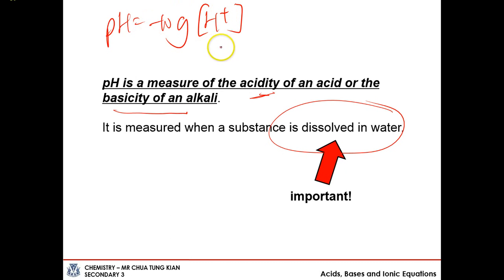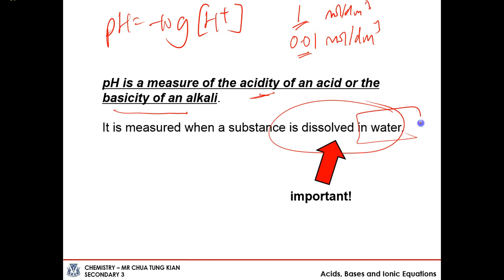Maybe try to sub in a concentration of 1 versus a concentration of 0.01, and you will be able to see for yourself why a strong acid which is fully dissociated will have a much lower pH than a weak acid that is not fully dissociated, in the presence of water. For bases, it is simply 14 minus the pH, and we get a value for the bases.